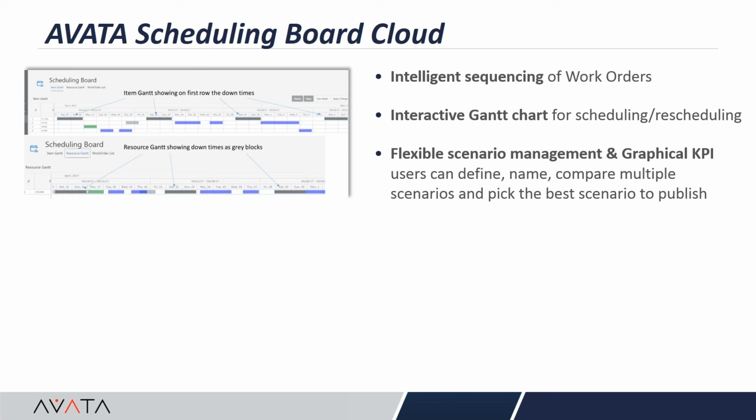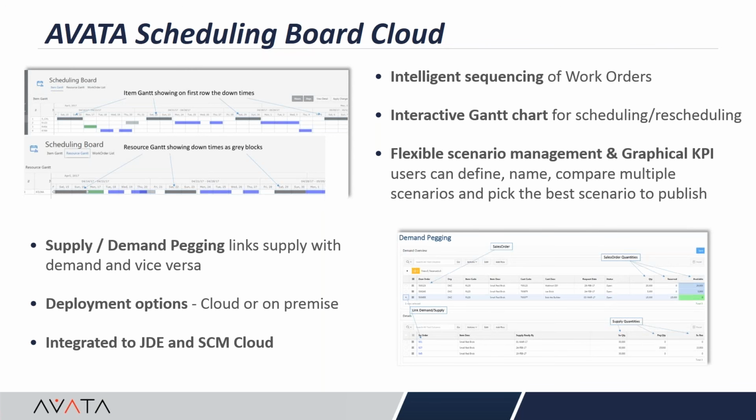So from a scheduling perspective, being able to intelligently sequence work orders, provide sort of an interactive Gantt chart and flexible scenario management for your work order scheduling, as well as supply and demand pegging. Our AVATA scheduling board cloud is really a nice little component add-on for customers that are looking for more of a dashboard view and more of a cloud interactive solution for how they're managing their operational work orders.